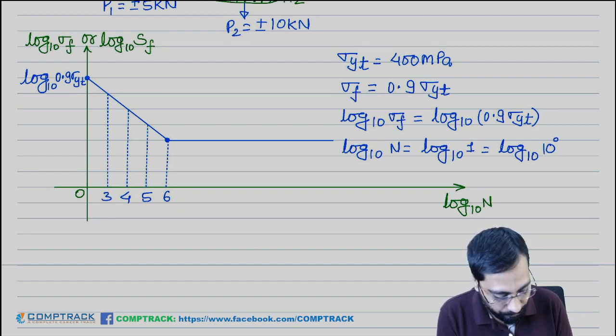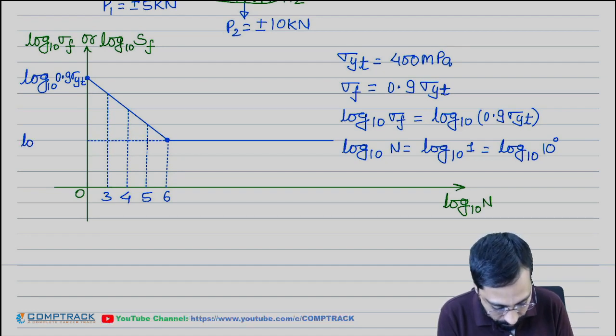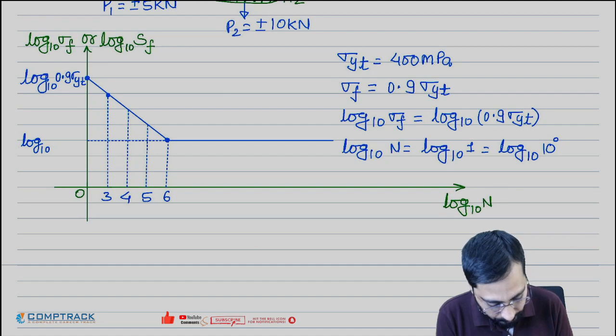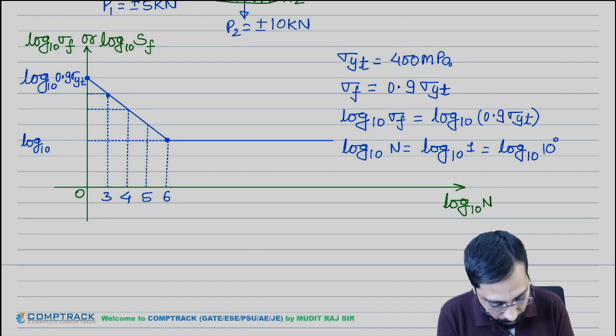So the value of stress, completely reversed cycle, will be here. So this value here, let's say this is your sigma f1, this is sigma f2, this is sigma f3.